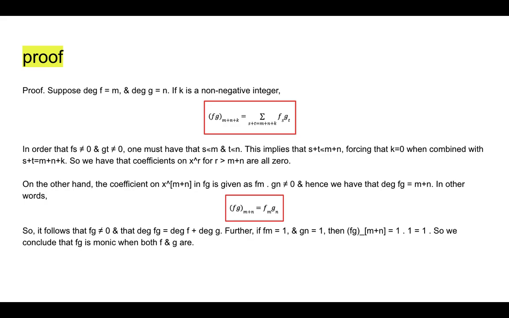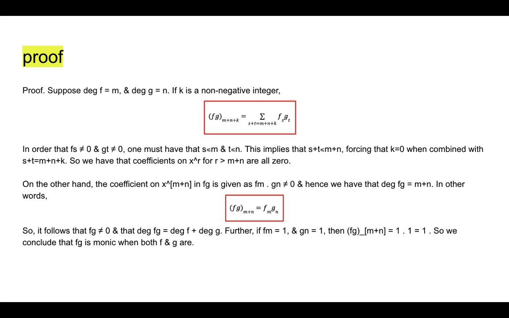On the other hand, the coefficient on x to the power m plus n in fg is given as fm times gn, which is non-zero. So it follows that the degree of fg equals m plus n.